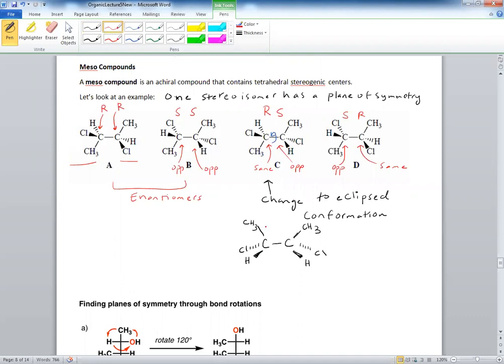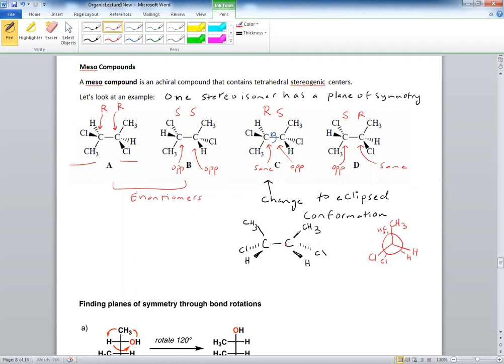So here it is after I made them eclipsed. Eclipsed means, remember this. And the Cl, and of course in the back, we can put the CH3 right there. And then the Cl would be down here, and then the H right there.